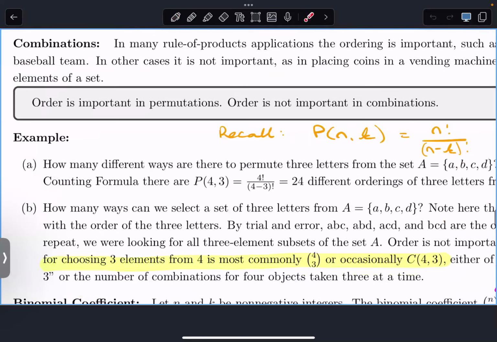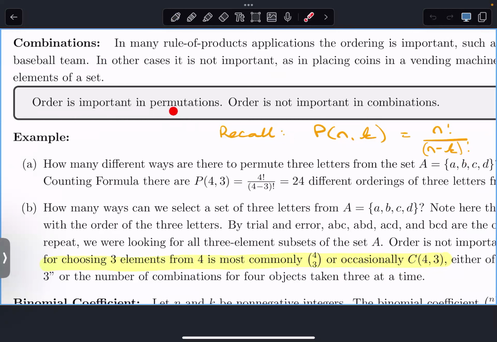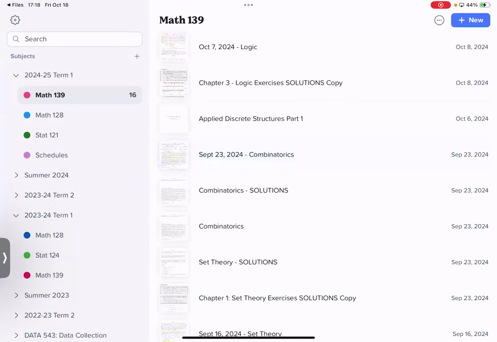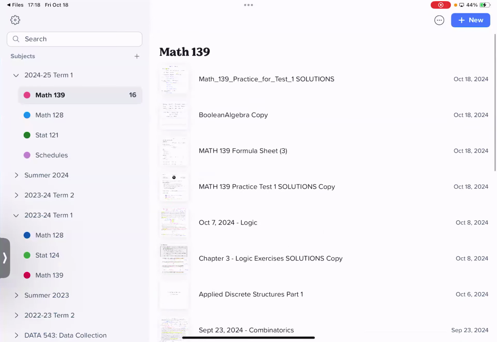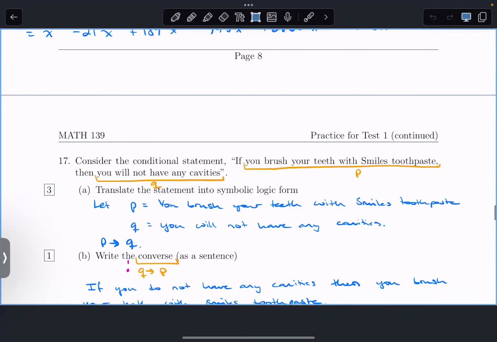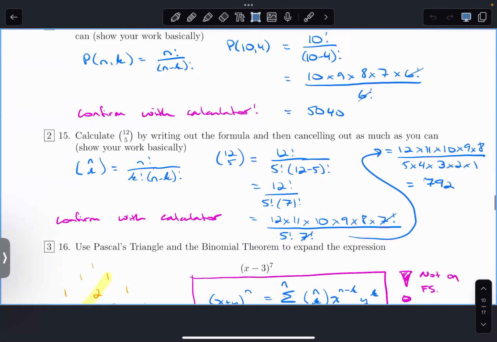Order is important in permutations, but order is not important in combinations. That's not super helpful, but let me just snag this, because I remember thinking, well, how the heck am I supposed to know if order matters here?